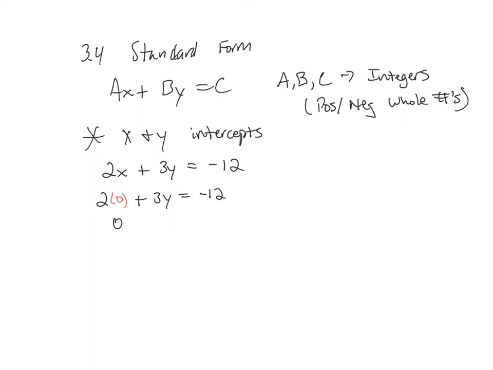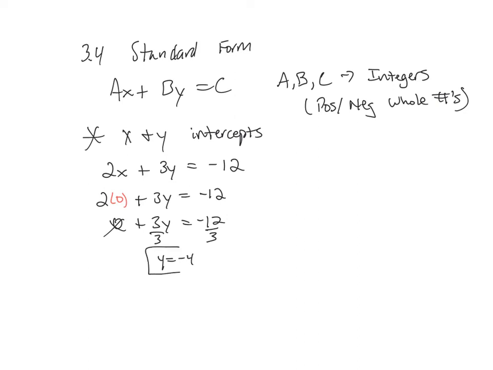Two times 0 is 0, which means I can just ignore that because 0 plus anything is the same thing.